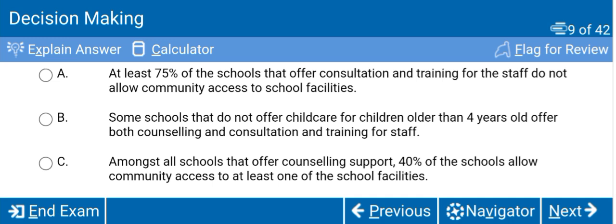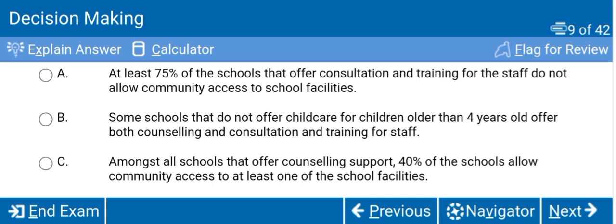Option A, at least 75% of the schools that offer consultation and training for the staff do not allow community access to school facilities. Option B, some schools that do not offer childcare for children older than 4 years old offer both counseling and consultation and training for staff.